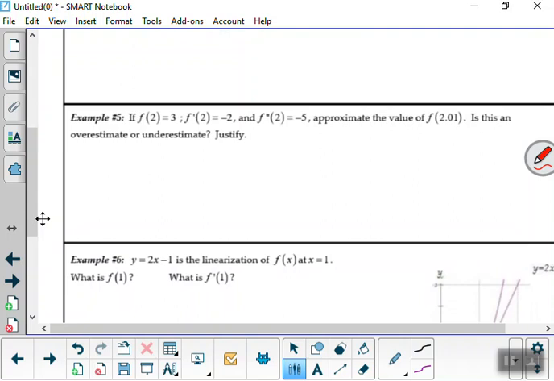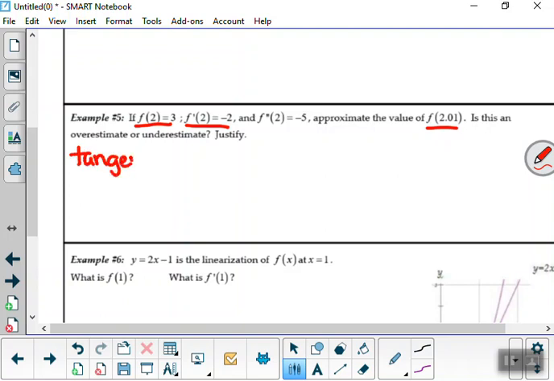If I want you to estimate 1 over 10.2, I don't need you to estimate that, you can get that on a calculator. But if I tell you just some information about a function without giving you the function equation and then ask for an estimate, that's a whole different story. So if you're saying, well, how am I supposed to figure out f of 2.01 if I don't know what the f function is?